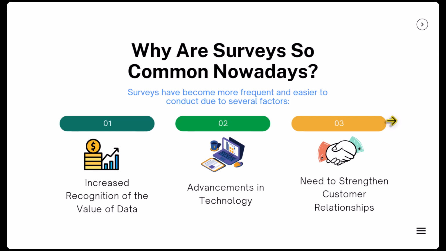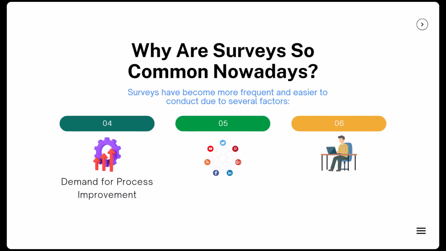And number 3, the need to strengthen customer relationships. Businesses and service providers use surveys to understand customer needs and build stronger connections through personalized services. Number 4, the demand for process improvement. Surveys provide feedback to help organizations identify weaknesses and improve products, services, or operations. Number 5, social media and digital trends.